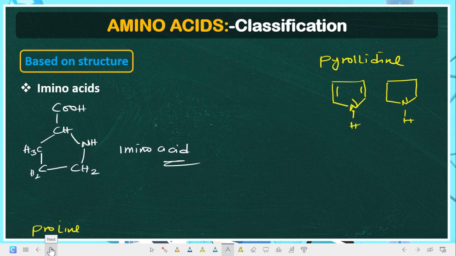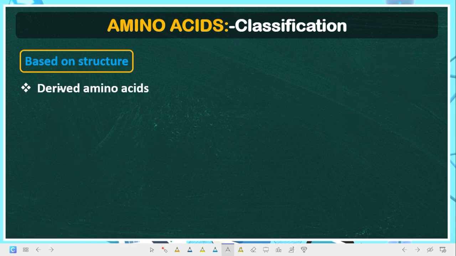Now, let's look at amino acids based on other classification. We have the derived amino acids. Under derived, we have the ones that are derived from proteins. Are we getting it now? Under this, we have two.